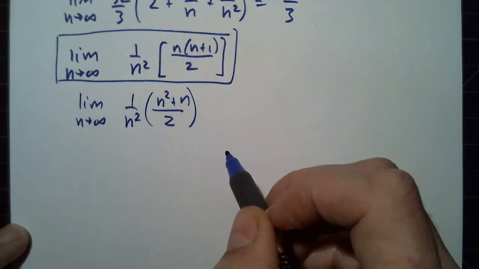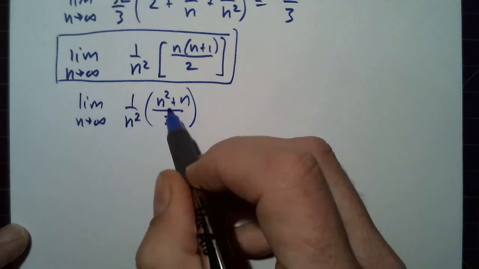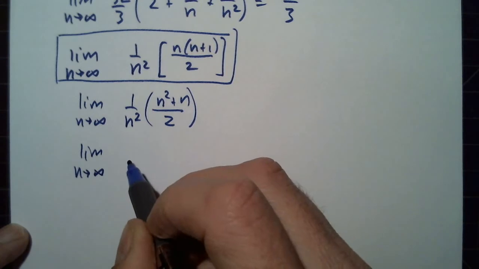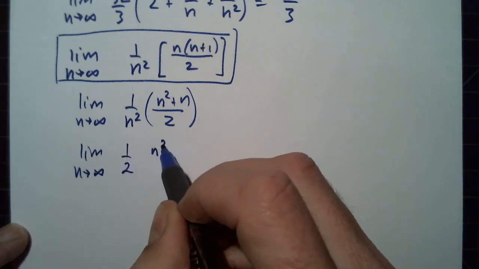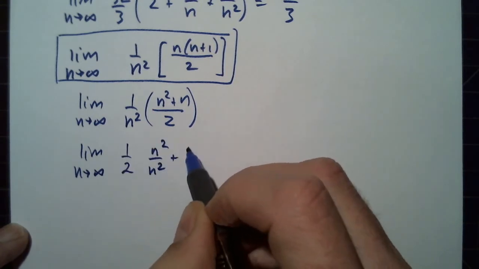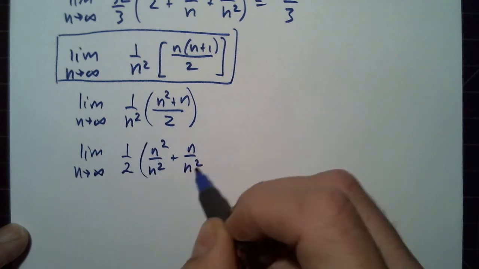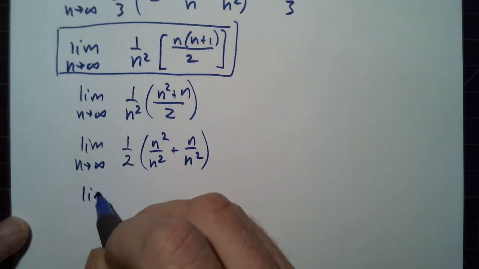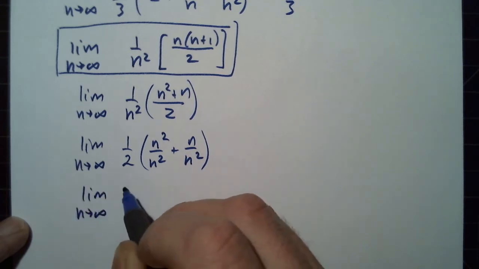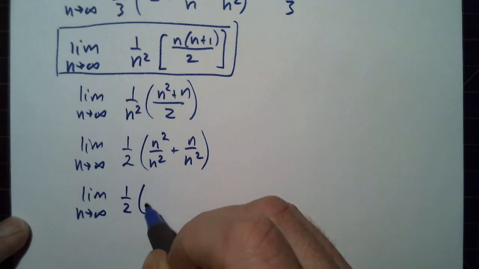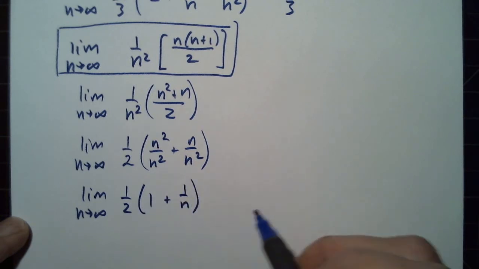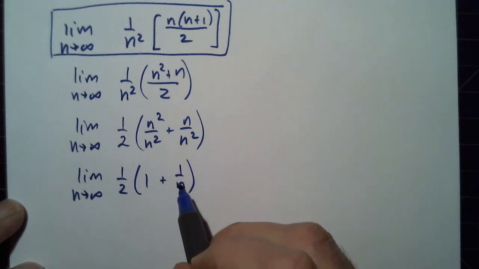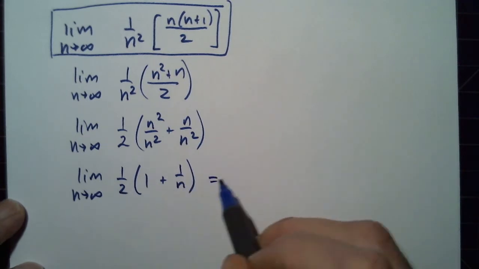Just expand that. Put the 2 out in front. n squared can go under each of those. And that'll be a 1. 1 over n. As n goes to infinity, that goes to 0, so we just get 1/2 times 1.